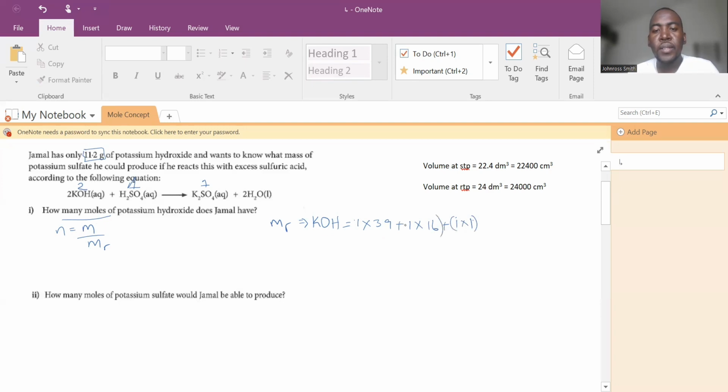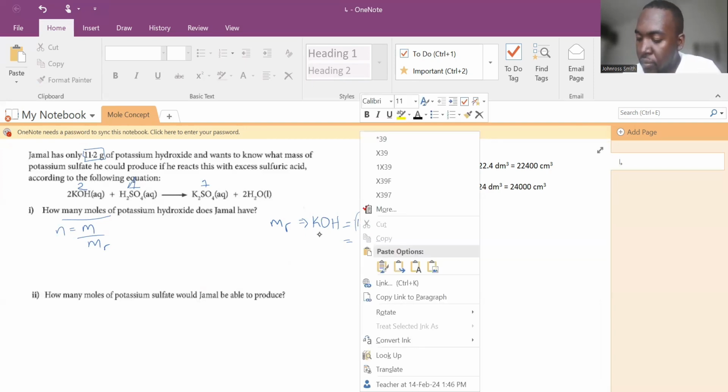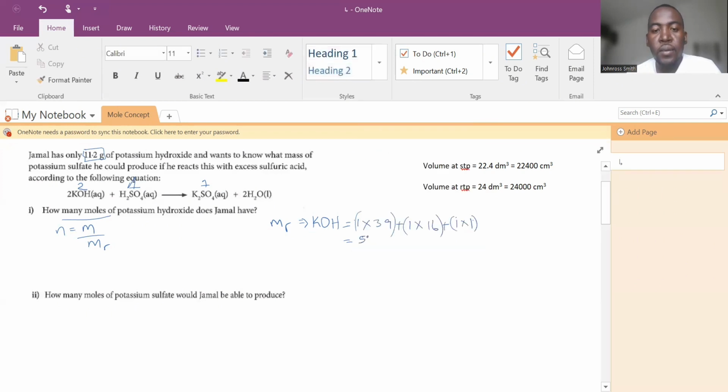So we have 1 O, 1 H, and 1 K. In total, this is 39 plus 16 plus 1, which gives us 56 grams per mole. Therefore the moles would be 11.2 over 56, and 11.2 divided by 56 gives us that instead of 2 moles, Jamal actually used 0.2 moles.